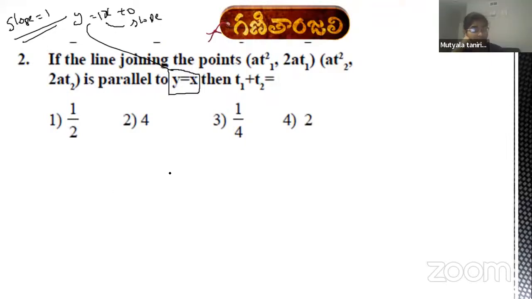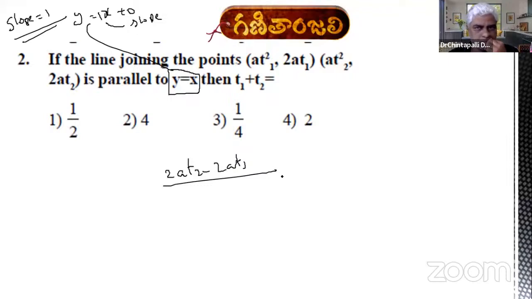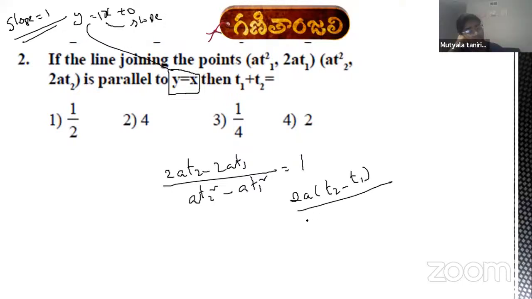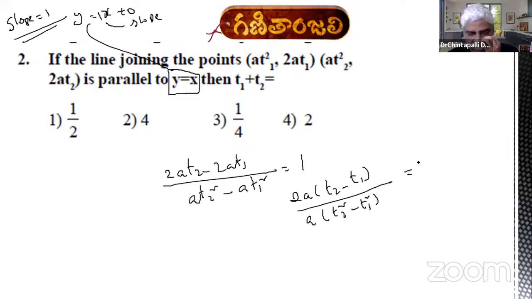Yes, sir. That means 2at2 minus 2at1 over at2 squared minus at1 squared is equal to 1. 2a common: 2a times t2 minus t1, over a common: t2 squared minus t1 squared, is equal to 1. A cancels.